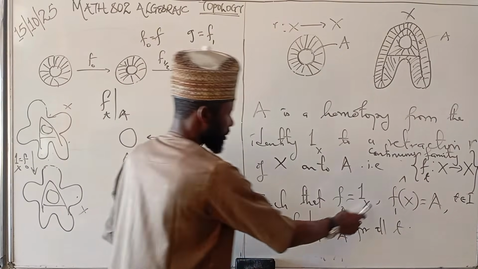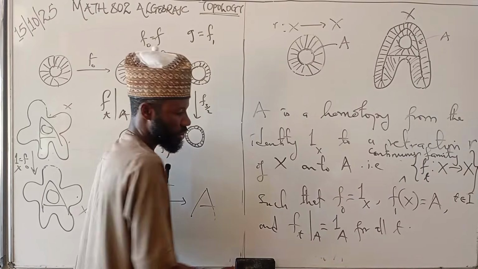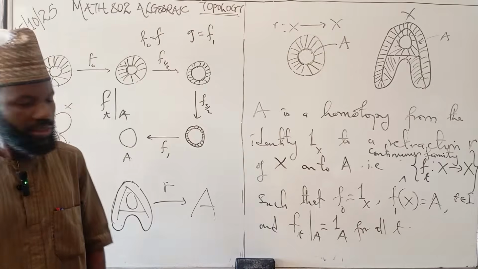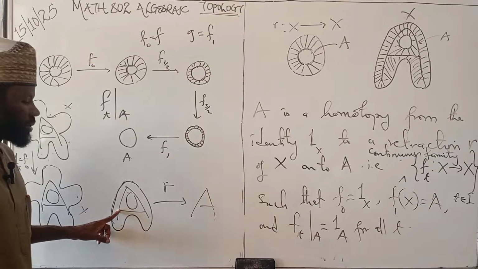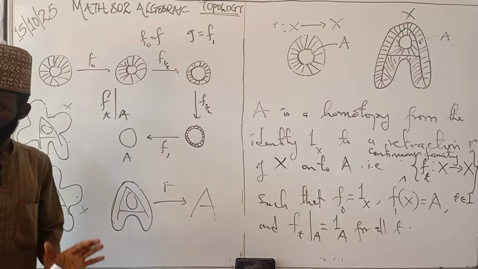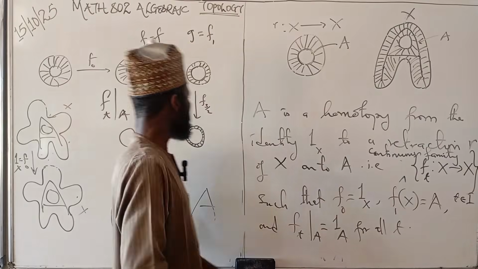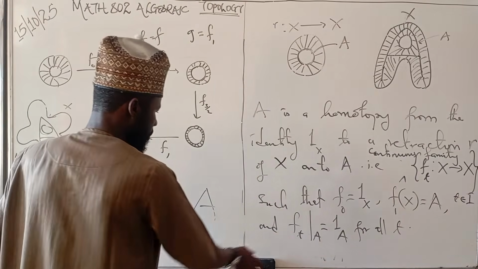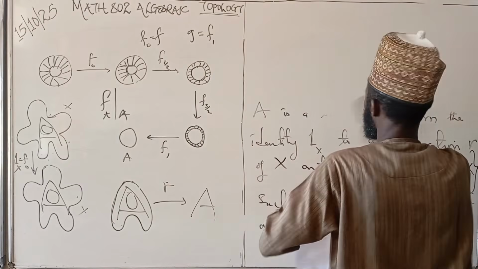But the condition here, I have remarked that this condition is sometimes called strong deformation retraction, in the sense that throughout the homotopy, that subset is not changing, with respect to all maps in the homotopy.